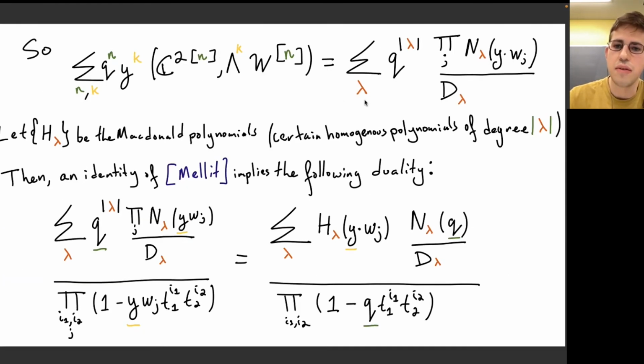One takes a sum over all possible Young diagrams lambda. One introduces the variable q that records their size. One takes this product of n lambda, where the length of the product corresponds to the rank of my vector bundle W, and this denominator d lambda.